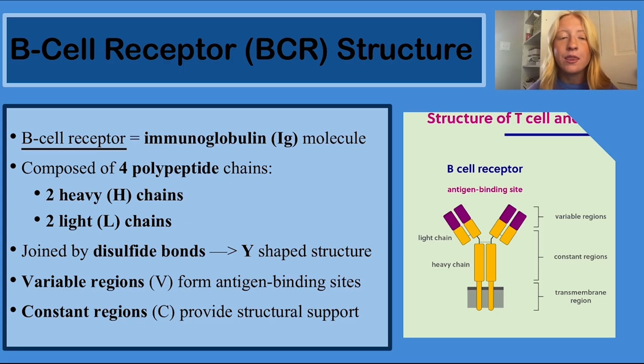The variable regions are incredibly diverse because of genetic rearrangement that happened during B cell development, and each receptor fits one specific antigen. This gives the molecule shape and stability, but once activated, the B cell can release these immunoglobulins as antibodies, and this allows the immune system to neutralize pathogens.